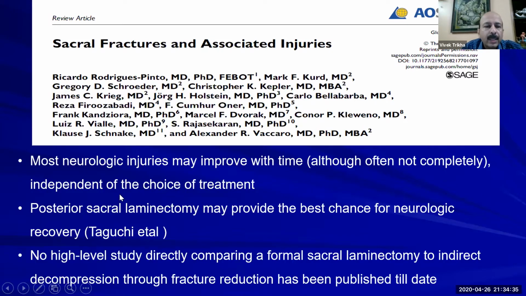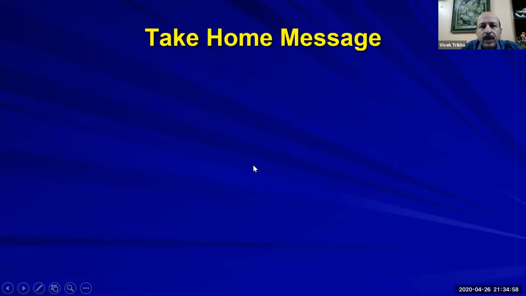However, there is still no high-level study which directly compares laminectomy to indirect decompression by distraction methods and shows which one is better. So the jury is still out regarding the neurological damage in sacral fractures, whether you should be decompressing or not. And this is what is there in review articles from Spine.